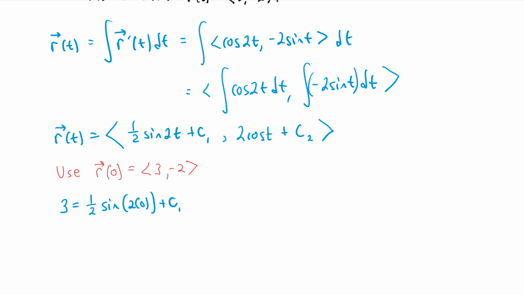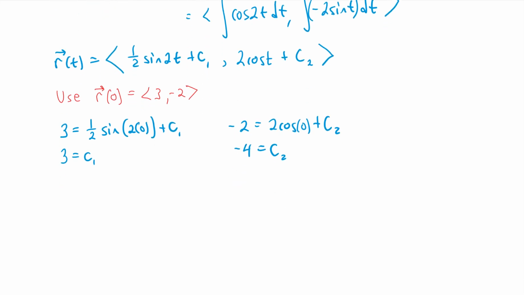Sine of 0 is 0, so C1 needs to be 3. Then the output should be -2 for this component. Except I'm plugging in 0, aren't I, for t? So -4 should be the second constant.